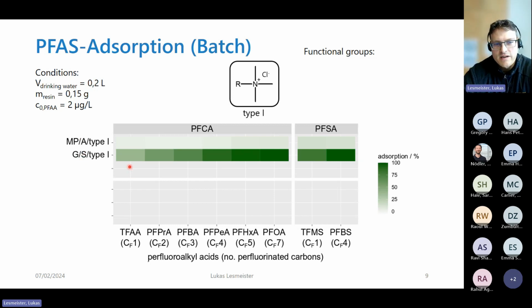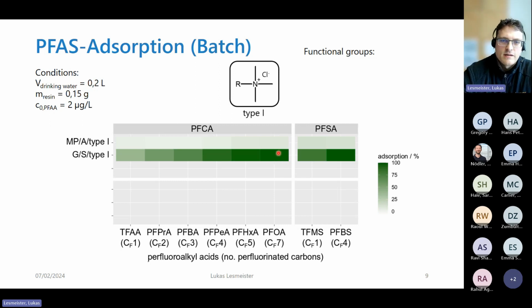We also see a chain length dependency, so the more hydrophilic short chain compounds have less sorption, and the more hydrophobic long chain compounds adsorb much better to the resins.